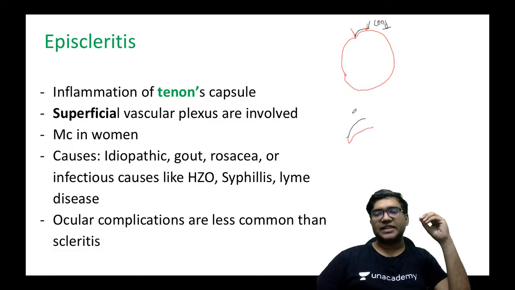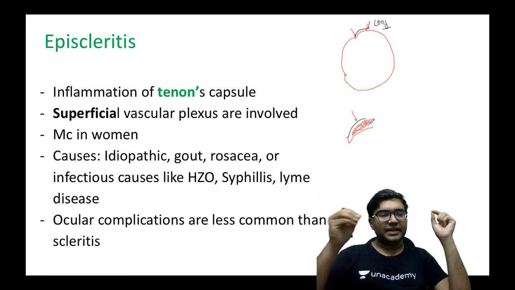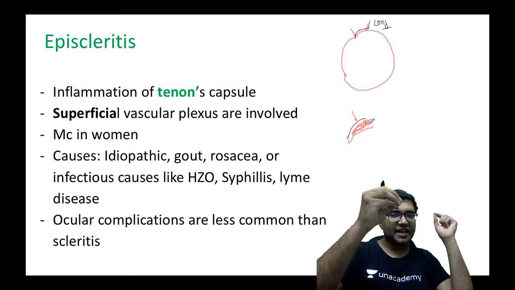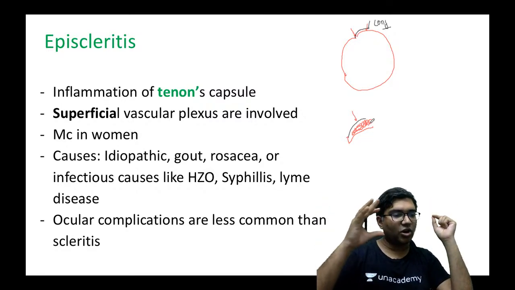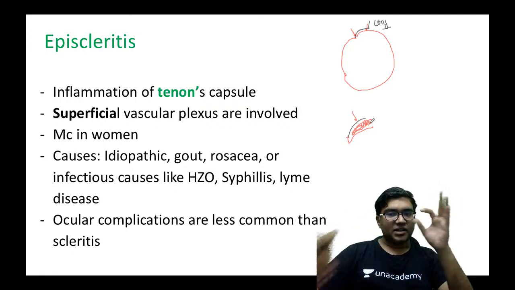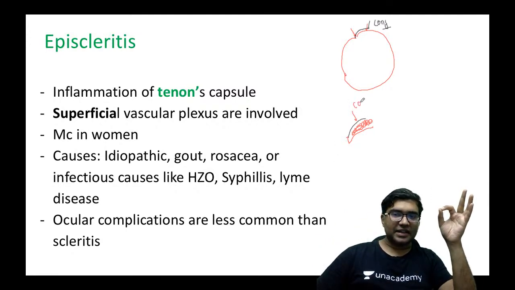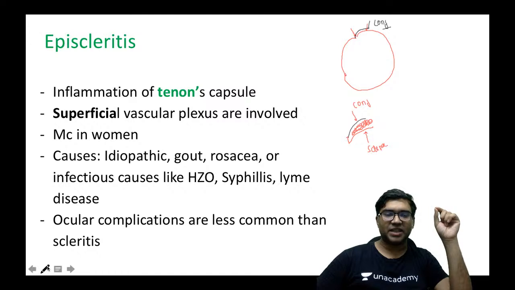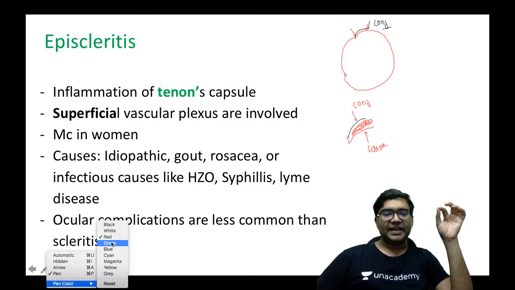In between the conjunctiva and the sclera, the tissue that is there, can anyone tell me what this tissue is called? So this is your conjunctiva and this is your sclera. What is this tissue called? Remember, this tissue which is between the conjunctiva and sclera is basically called Tenon's capsule.